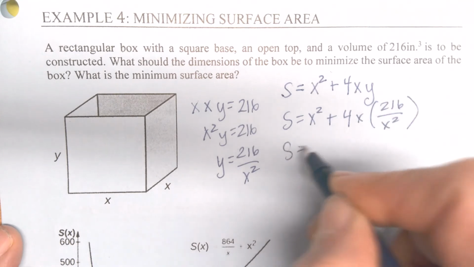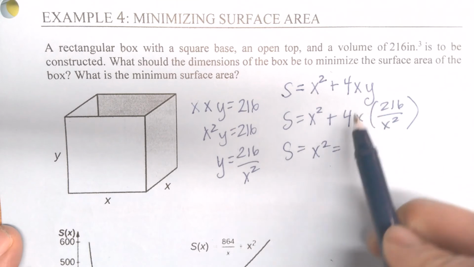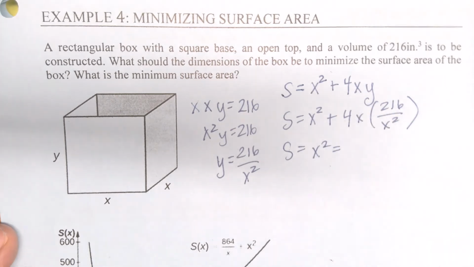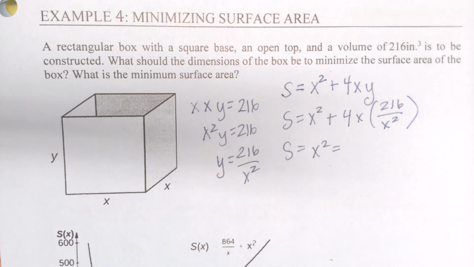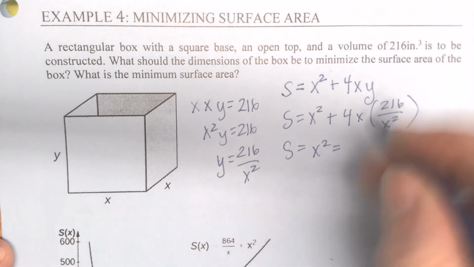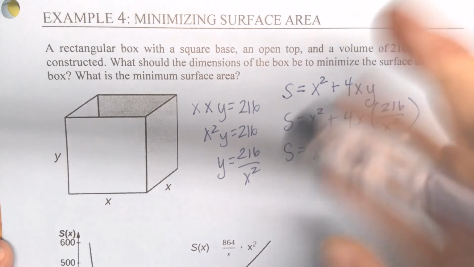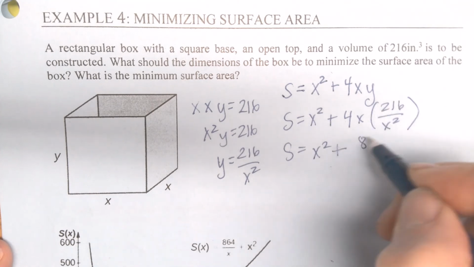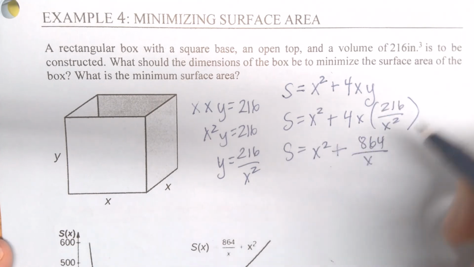And I'll just take a few moments to simplify that by multiplying 4 times 216, and then I can also cancel out the x's here. So 4 times 216, I get 864. Oops, I don't know why I wrote equals. Just thinking, I guess. Plus 864 over x.